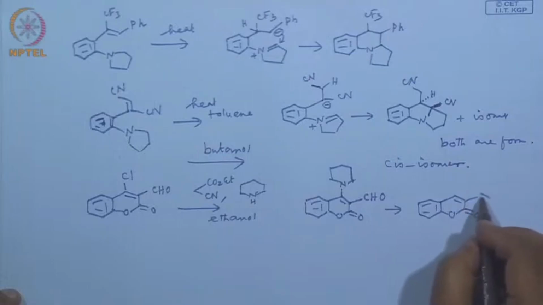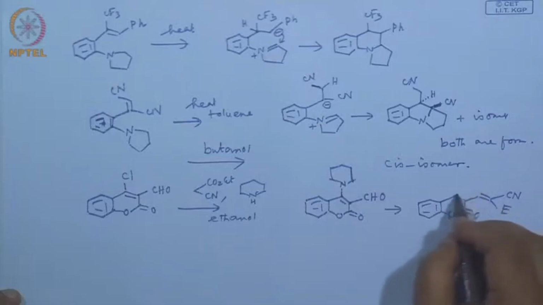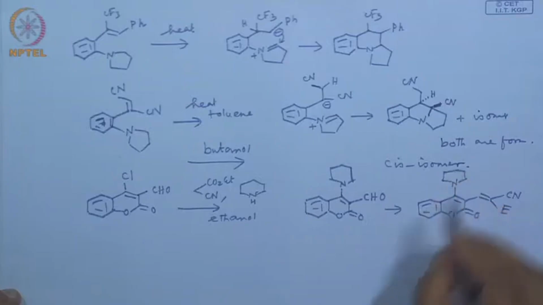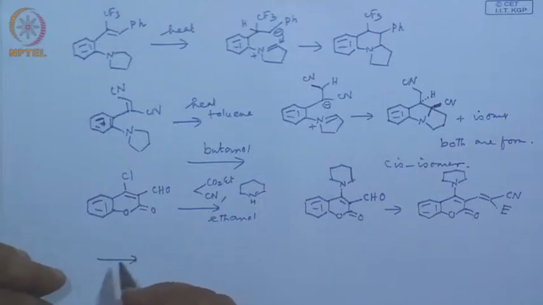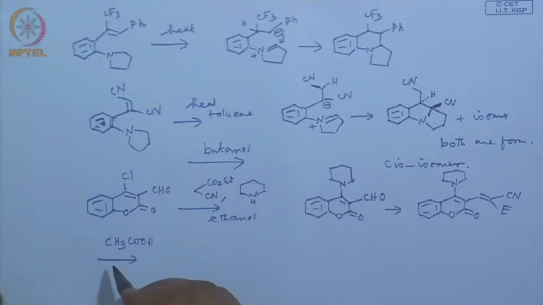So, a double bond now, and then at one side you have cyano, other side you have an ester, which is E, and this is now piperidine. So, this compound is then, in this case, the solvent is acetic acid and is heated.